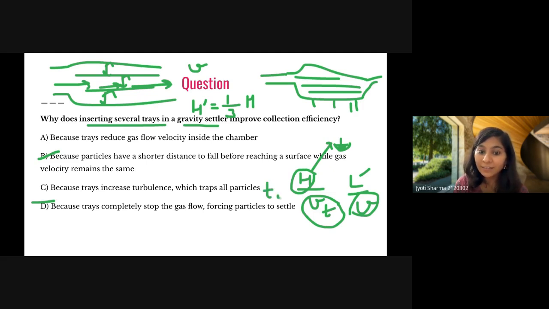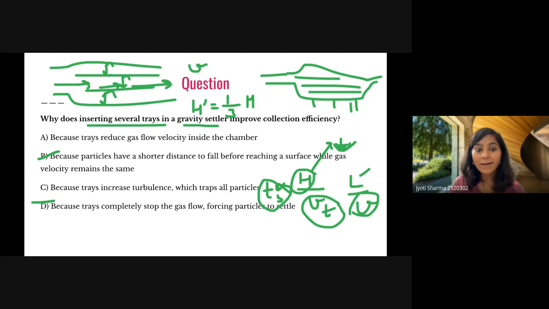The time for settling will also be reduced because it is directly proportional: time to settle is equal to the vertical distance upon the settling velocity. If we reduce this H, it means we are also reducing the settling time. So this was the right answer.